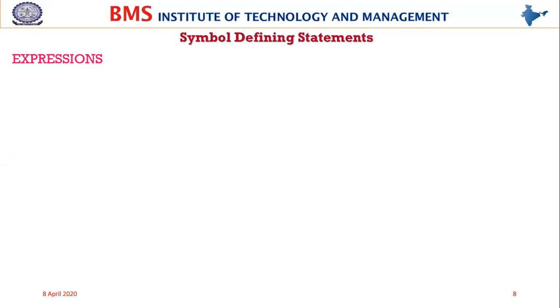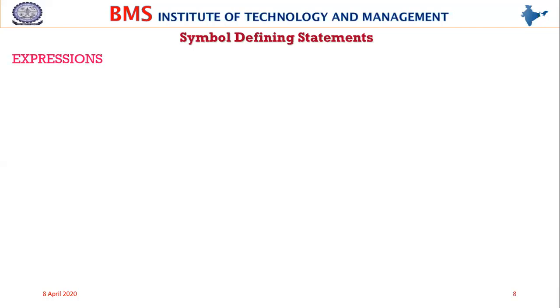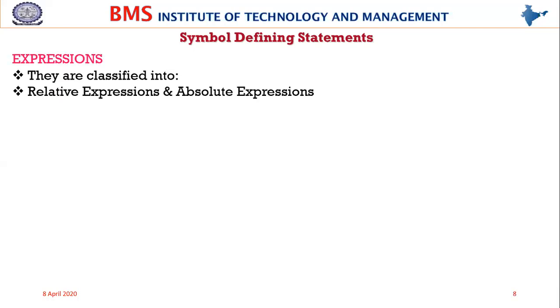For example, here max length equals buffer end minus buffer, which gives you one value. But buffer end equal to star gives you a relative address, that is your location counter value. Those which give an address are called relative expressions. Those which give you a value are called absolute expressions.